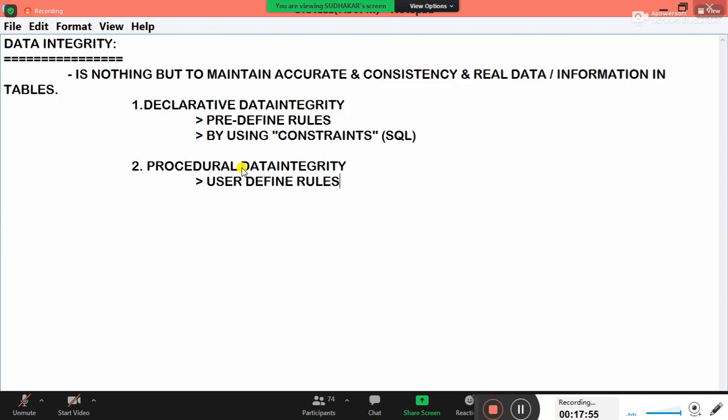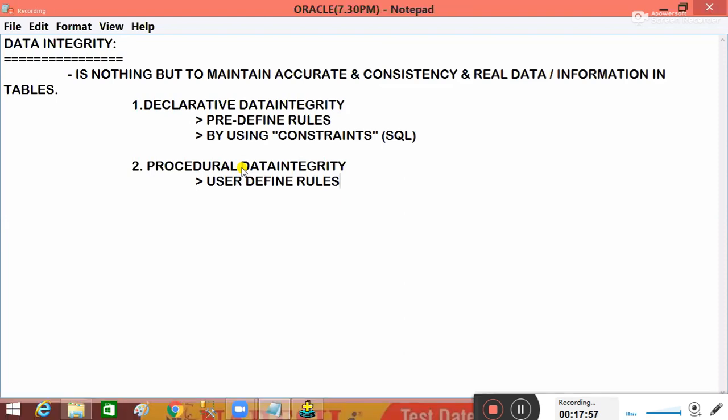For that purpose, the user writes logic, the user writes programming code, to maintain realistic, accurate, and consistent data.